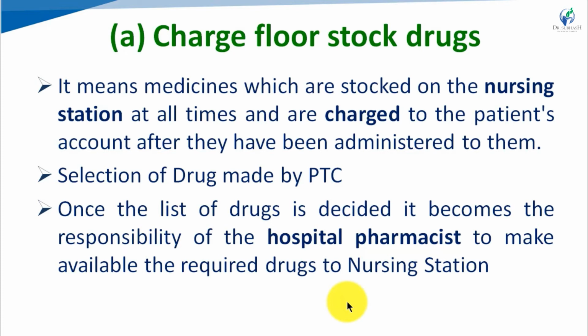So यहाँ पे क्या है कि the only important criterion in selection of this product is the patient's clinical need. देखिए पेशेंट को क्या चाहिए, कौन सी चीज की ज्यादा जरूरत है, that is most important to select the product that we want to keep in a nursing station.